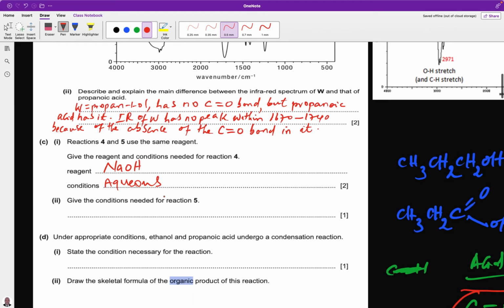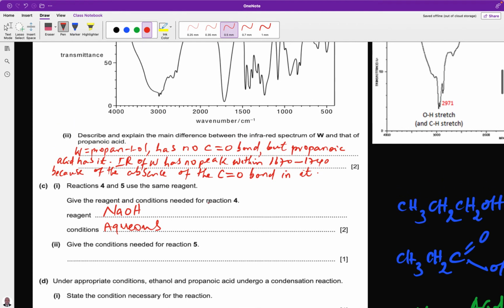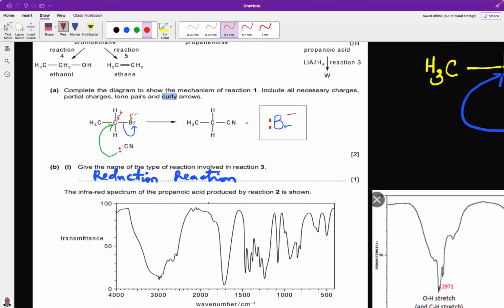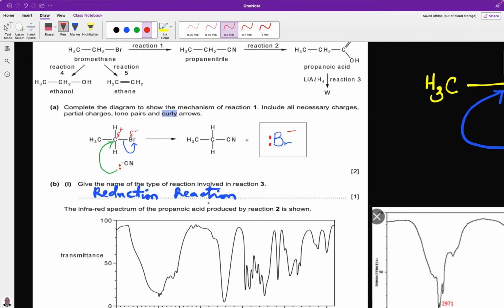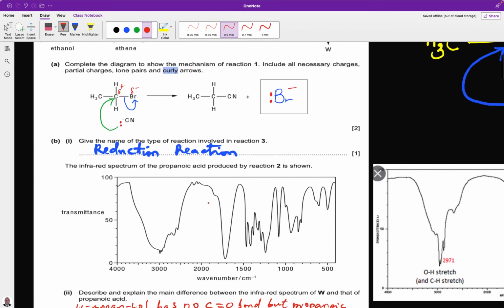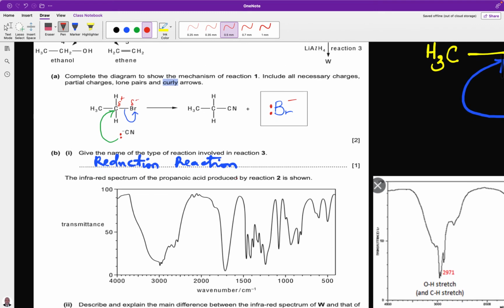Then give the condition needed for reaction 5. Reaction 5 is bromoethane forming ethene. Remember that when bromoethane is reacted with alcoholic sodium hydroxide, an ethene molecule is produced.